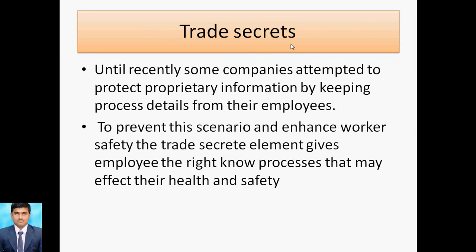Then trade secrets. Nowadays companies attempt to protect proprietary information by keeping process details from their employees. To prevent this scenario and enhance worker safety, the trade secret element gives workers the right to know process details that may affect their health and safety. While training these people, we have to give information regarding what type of health effect may occur after the processes.